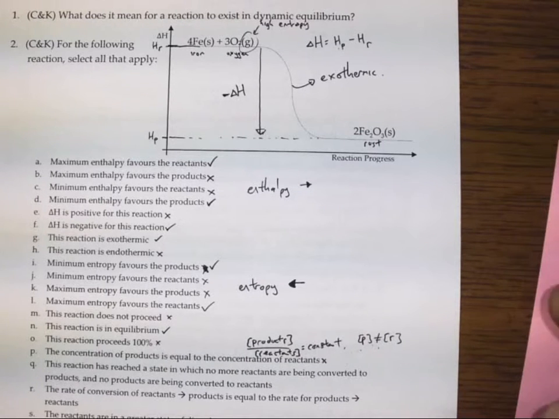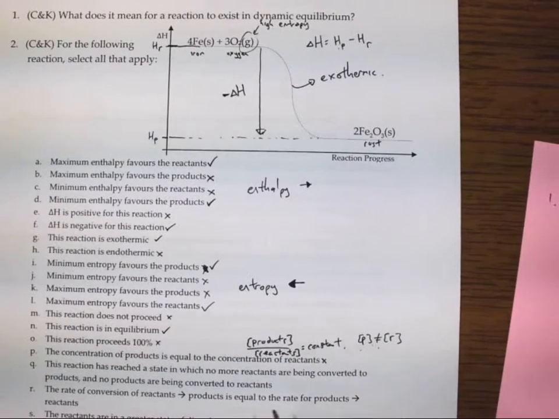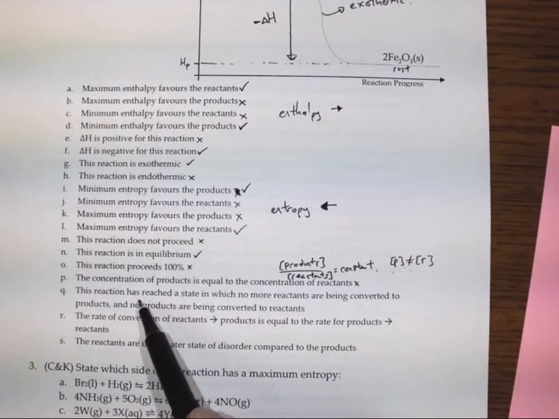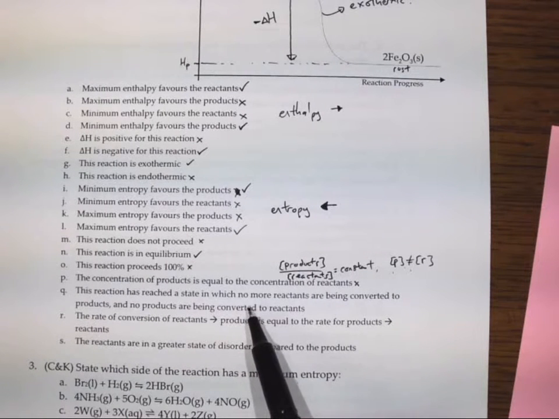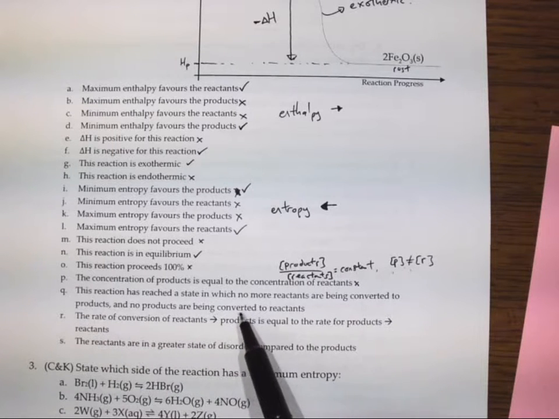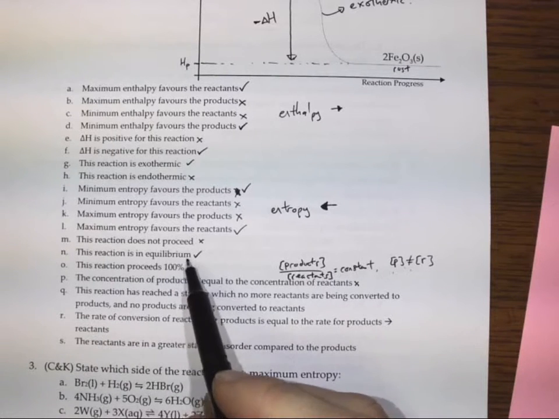Would that hold up to reason? I need to think about that. I think I could make an argument that it is never true. All right. This reaction has reached a state in which no more reactants are being converted to products, and no products are being converted to reactants. That is not what equilibrium means.